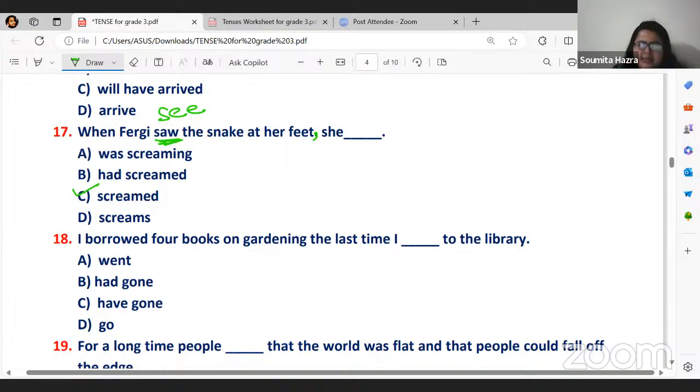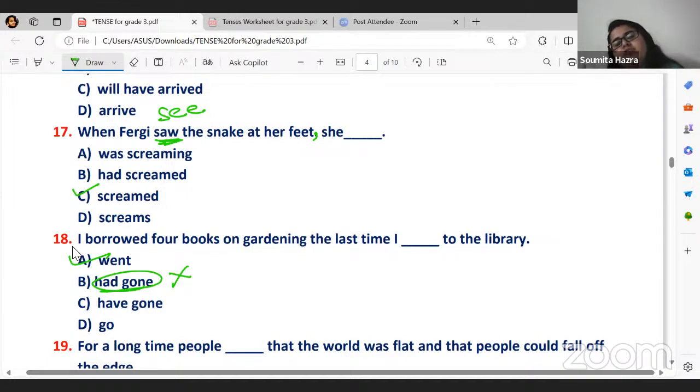18, last time. Why will we go for I had gone? No need to go for I had gone. Go for went. 18A. I borrowed 4 books on gardening the last time I went to the library.